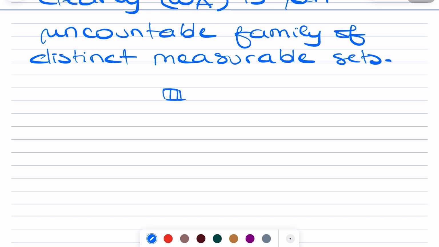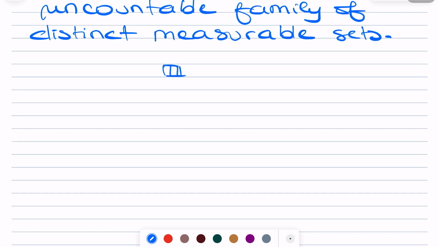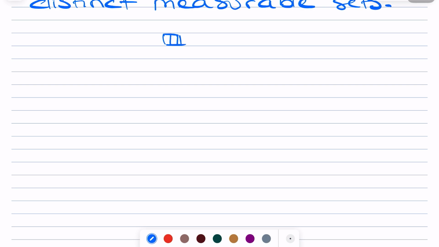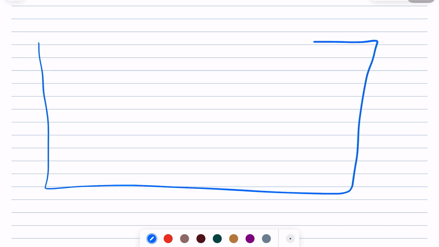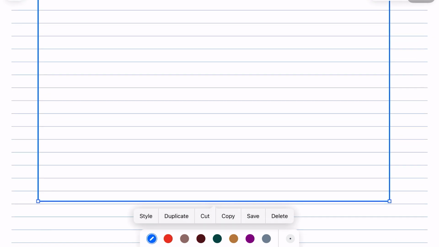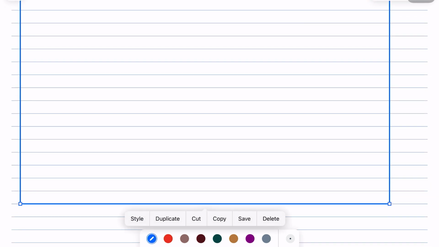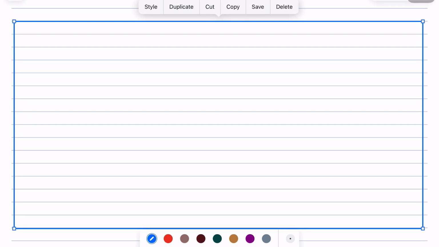So let's summarize the main properties of the LP spaces when omega is a measurable subset of R^n. So this is a summary.